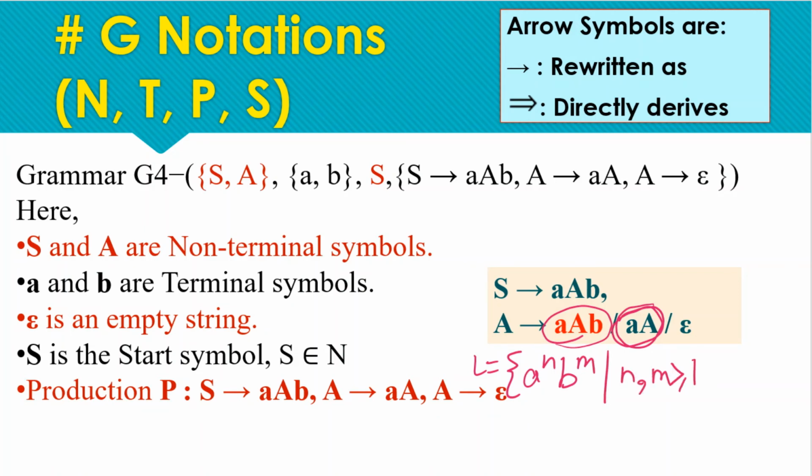Because we need at least one occurrence of a, b from this rule, and the second condition is n can be greater than or equal to m, meaning we can have the same number of a's followed by the same number of b's, or we can have extra a's.